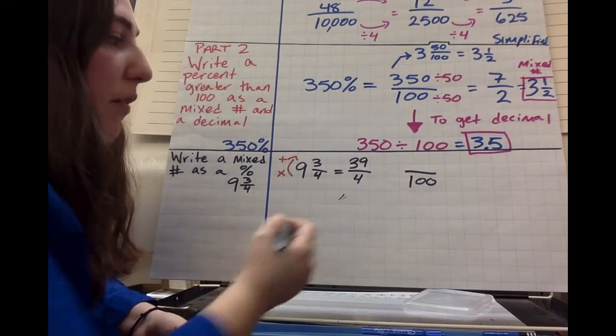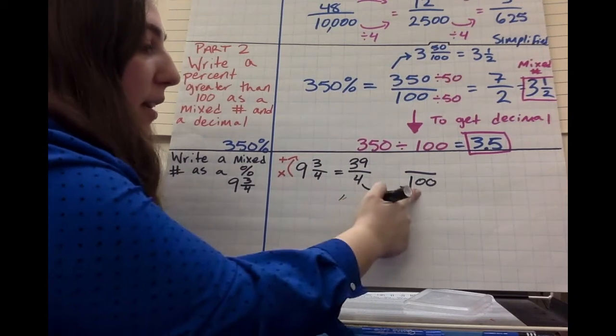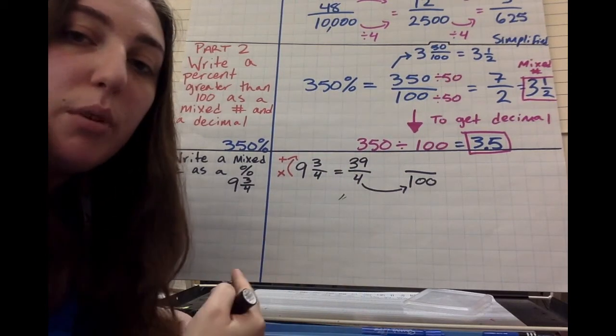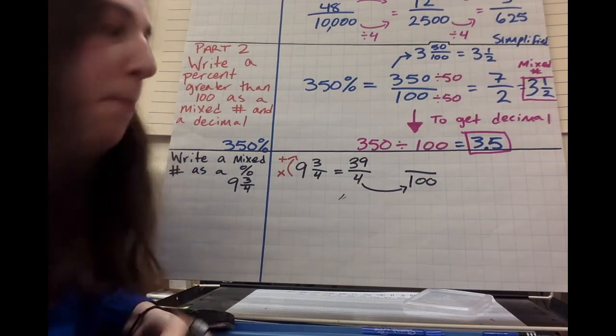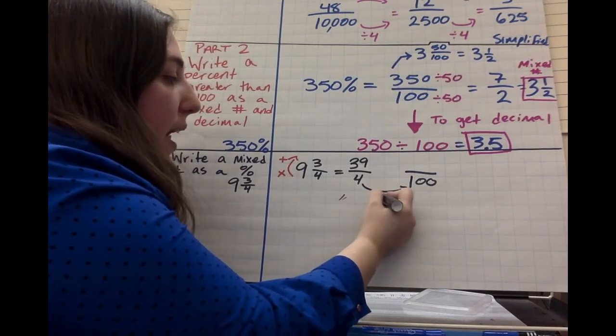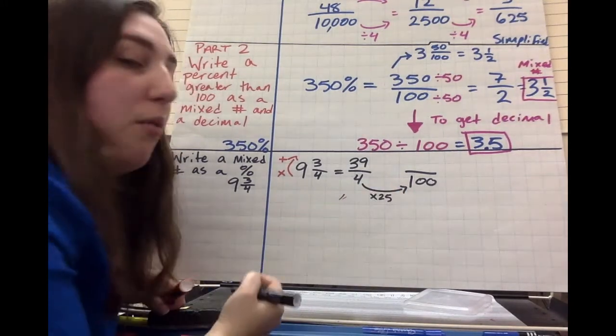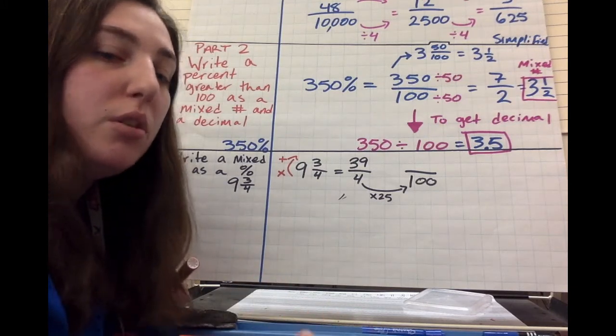If you don't know what 4 times something is to get 100, you can always go in the reverse direction and divide 100 divided by 4. But I think if we did 4 times 25, we would get 100. It's kind of like counting quarters. How many quarters go into $1?